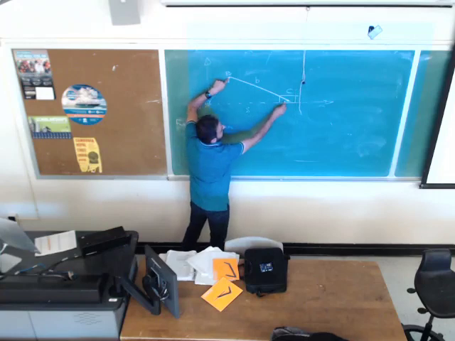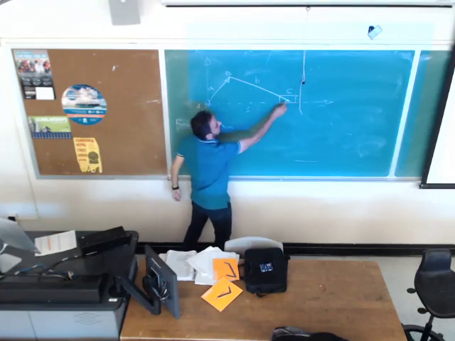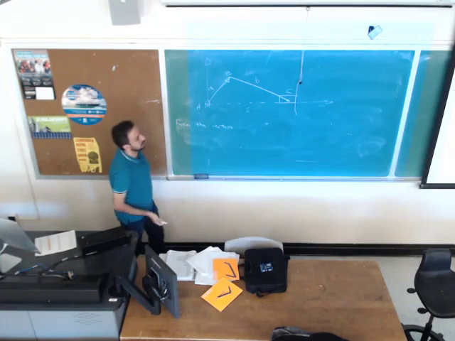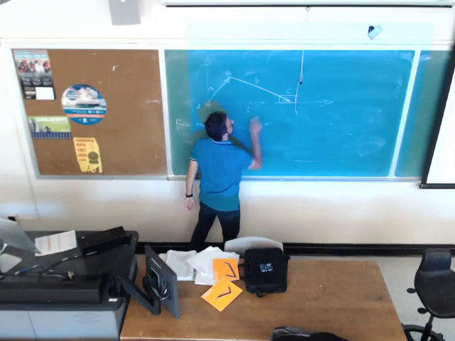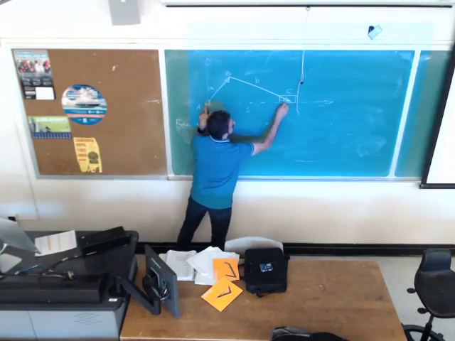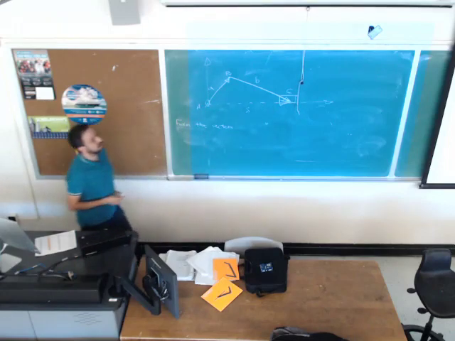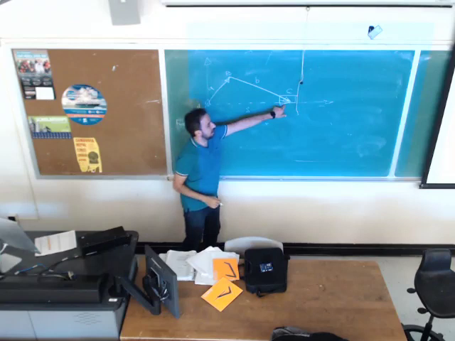For link BC, you can either pick point B as an ending point or point C as an ending point. It's up to you. I'll pick point C as the ending point. And then AC is going to be the other link that I can see here, from origin to slider.